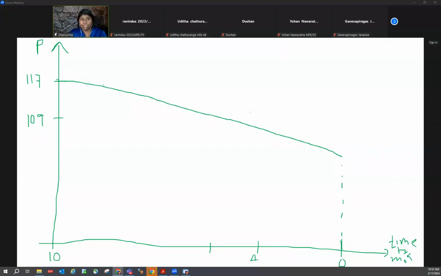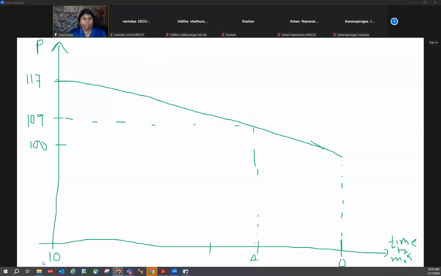It is actually a slight curve, right? This is not me not being able to draw a straight line. It's a slight curve. It will move towards 100. That's why with 4 more years to go, you saw that the price is now 109.